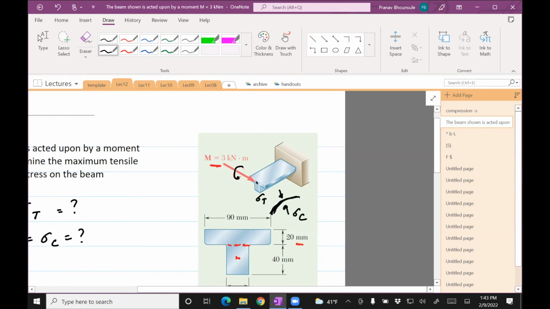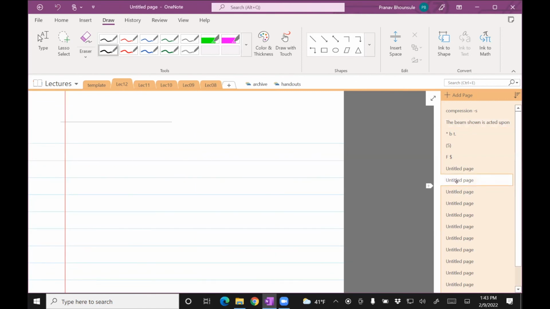So all we need to do is find the distance from the neutral axis to the bottommost point to find sigma C, and find the distance from the centroid to the topmost point to find sigma T. So let's just do that. The beam will bend something like this.